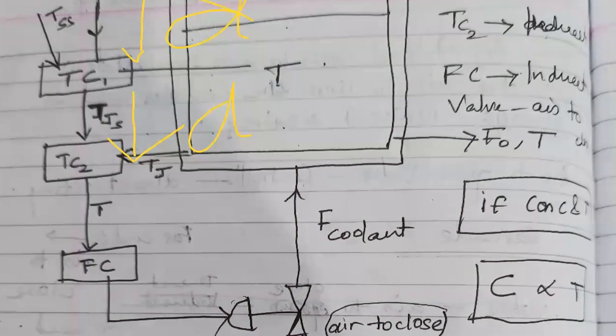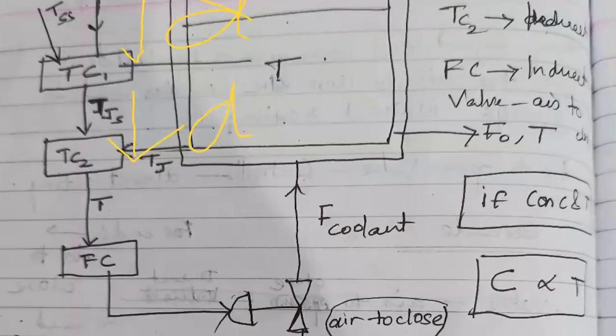So obviously here we should have increase the flow rate, because only if you increase the coolant flow rate will you be able to decrease the jacket temperature. Is it clear? So jacket temperature is decrease. So your TC2 will be what? Decrease, increase. So it will be an indirect acting controller.